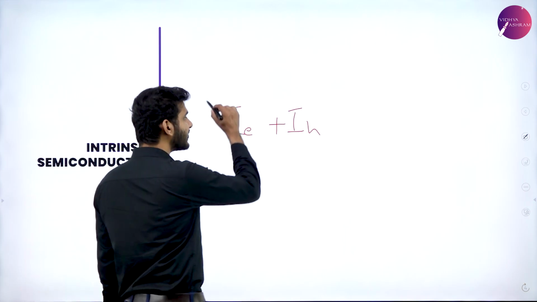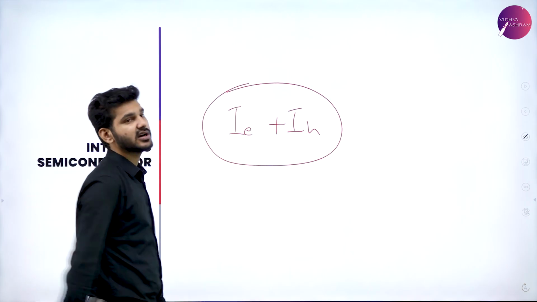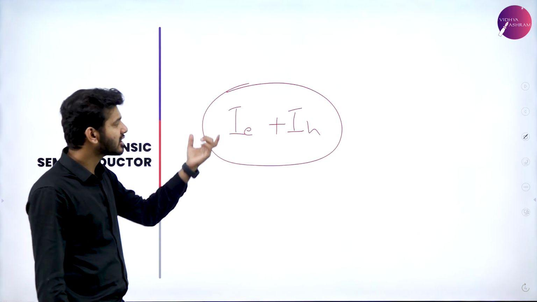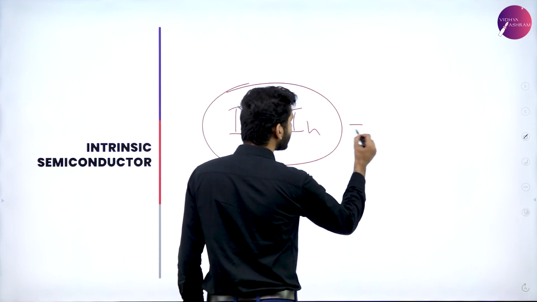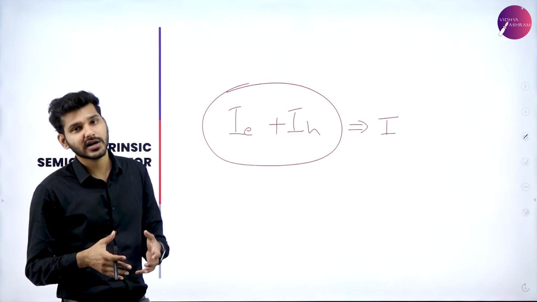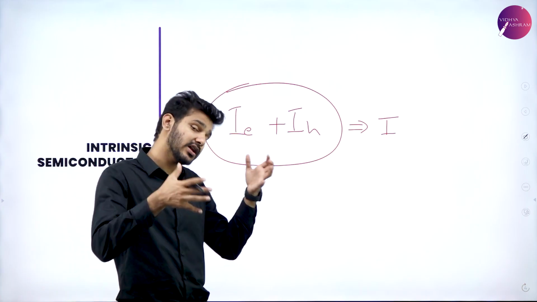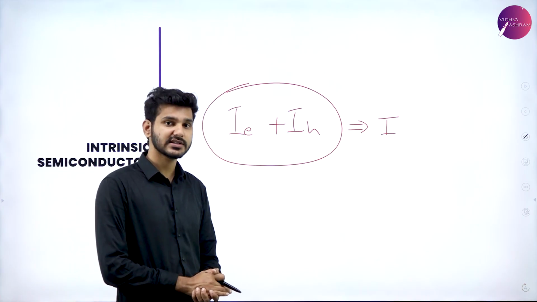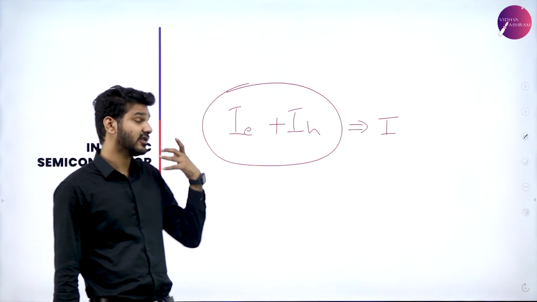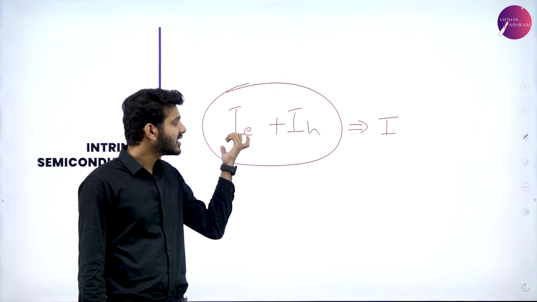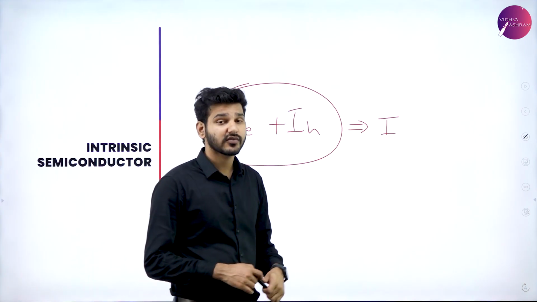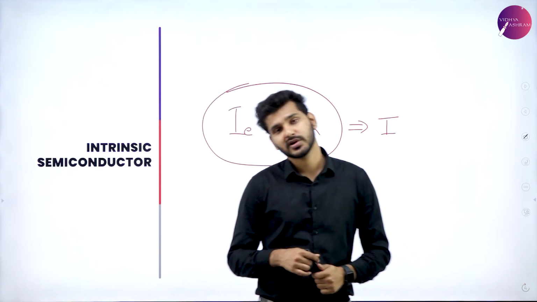Together in a semiconductor, the sum of hole current and electronic current will contribute to the total current, I. So when you are measuring current in a semiconductor, the current produced will be a sum of the electronic current and the current produced because of the hole motion, known as hole current.